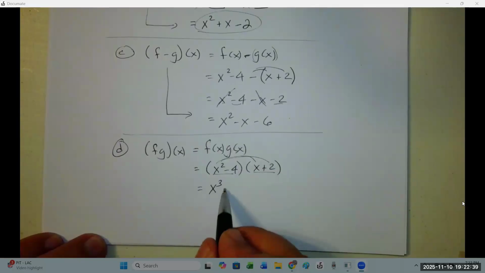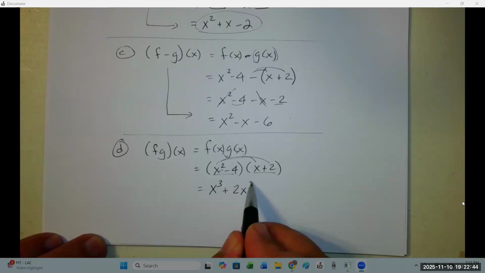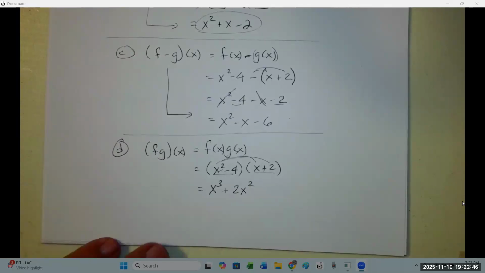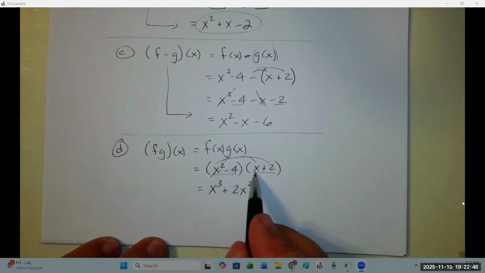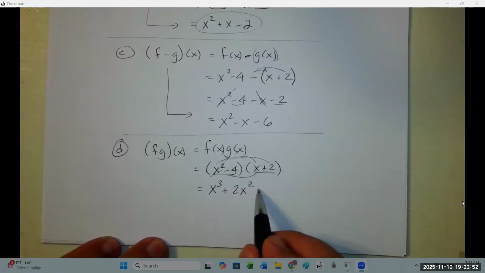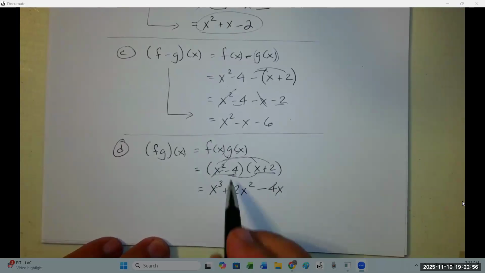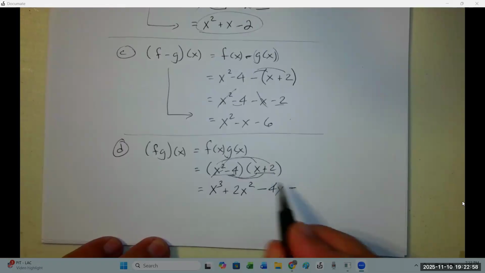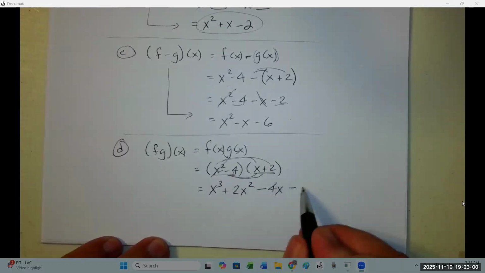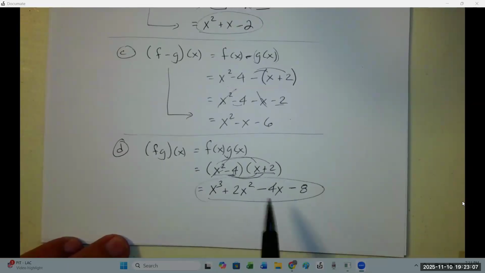Positive times positive is positive. X squared times 2 is 2x squared. That does it for those. Now the negative 4. Negative times positive is negative, 4 times x is 4x. Negative times positive is negative, 4 times 2 is 8. And nothing else can be combined. So there's my answer.